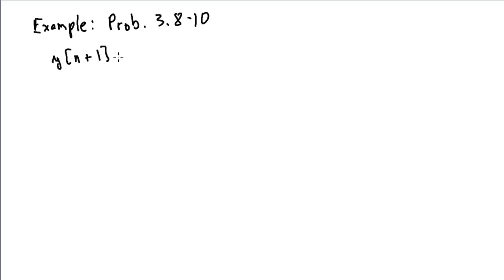I want to work through, though, now a complete example finding the total response, 3.8-10, where we're given the following difference equation: y of n plus 1 plus 2 y of n is equal to x of n plus 1.